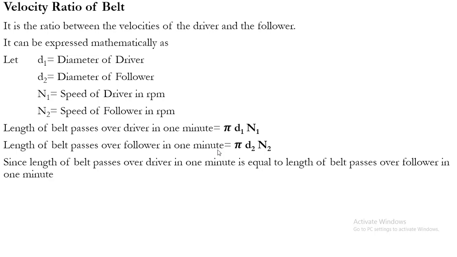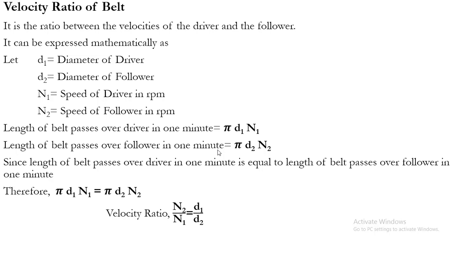The length of the belt which passes over the driver pulley as well as the driven pulley in 1 minute is the same. So that's why we give pi D1 N1 equal to pi D2 N2, and this can be expressed as velocity ratio, given as N2 by N1 is equal to D1 by D2. This is the velocity ratio.